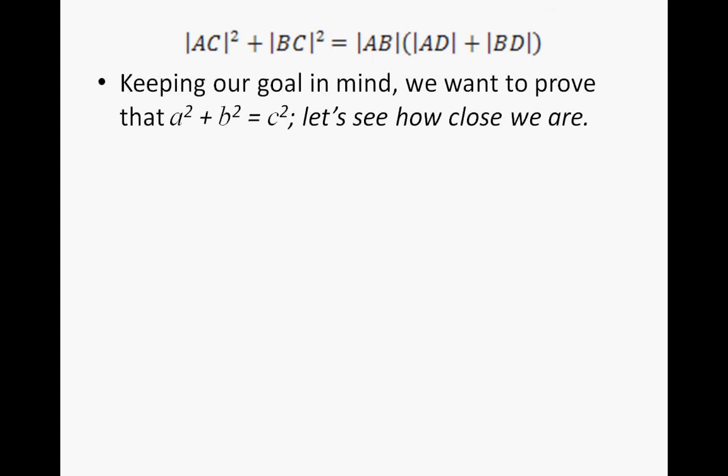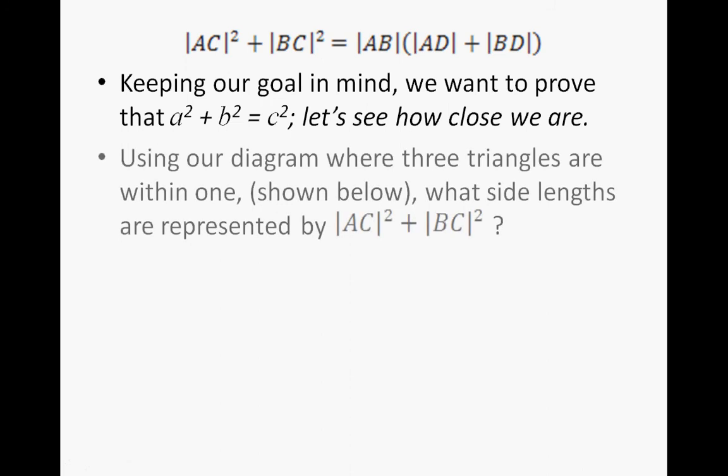So keeping our goal in mind, we want to prove that A squared plus B squared equals C squared. So let's see how close we are. Using our diagram where the three triangles are within one, what side lengths are represented by AC squared and BC squared?